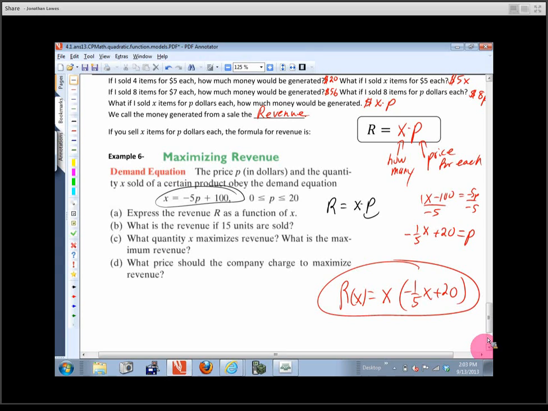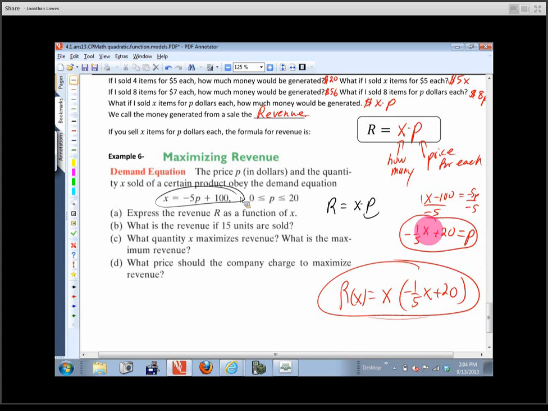Okay, before we go any further, let me just sum up. This is the demand equation. I've got a circle around it. This is the revenue equation. I've got a circle around it. If I had to give a name to this right here, since it says P equals this stuff, what does P stand for again? Price. That's kind of the price equation right here.